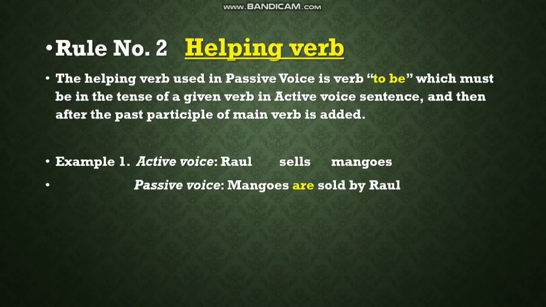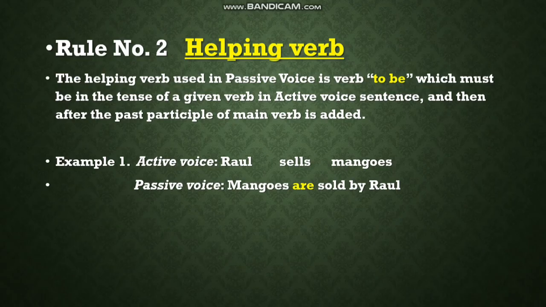In this passive sentence, are, that is verb to be, which is the helping verb, is in present simple because the word sells is in present simple. Do you remember that you said that verb to be must be in the tense of a given verb? Then after, we add the past participle of the main verb given.